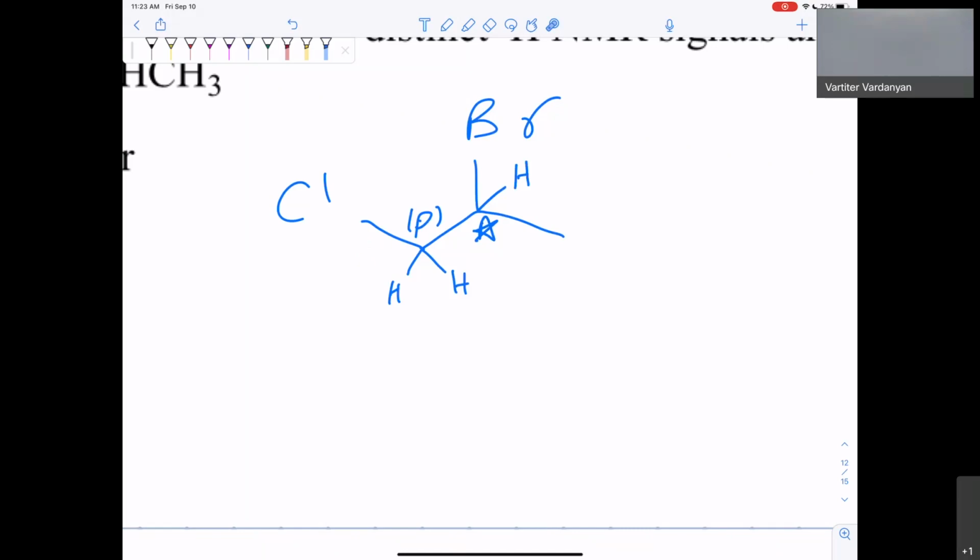But good question. So if we have a chiral center, what is the relationship we're looking for? Diastereotopic, cool. So on this potential chiral center, these two are diastereotopic, as you guys said. So are they going to count as 1 signal or 2 separate signals? 2.